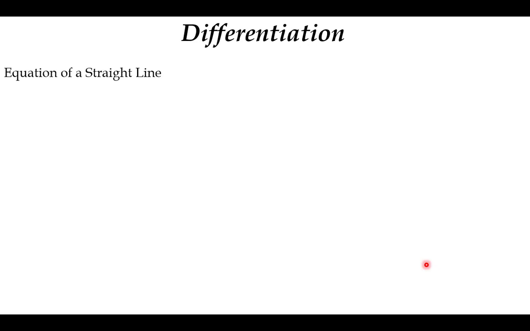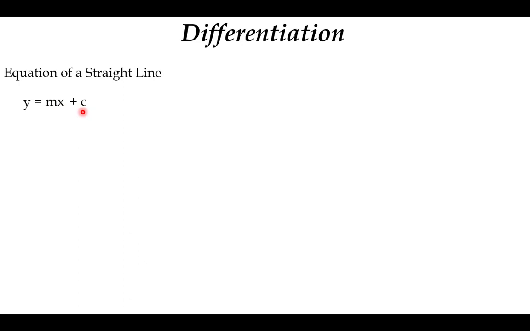We remember that for our graphs, the equation for a straight line is given as y is equal to mx plus c, where y is our dependent variable, as we stated earlier, m is the slope of the graph, x is the independent variable, and c is our intercept.